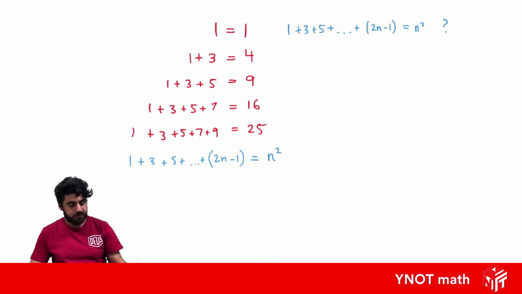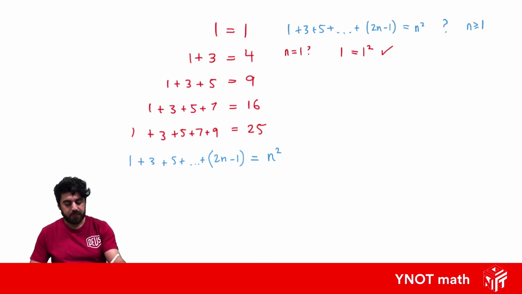So the first step is to show that it's true for our base case. So we're looking for, is this true for all values of n where n is greater than or equal to 1? So our first step is to show that it's true for the lowest value where n is equal to 1. So if n equals 1, we've just got our first term of 1, and does it equal 1 squared? And it does, because 1 squared is 1.